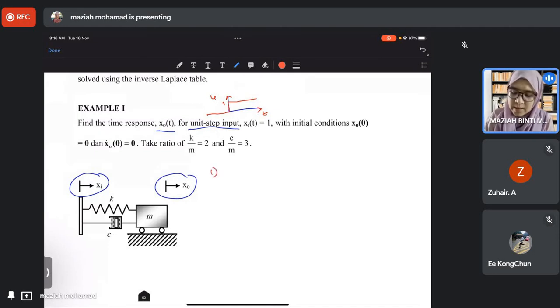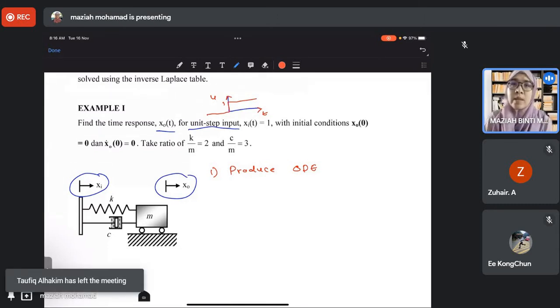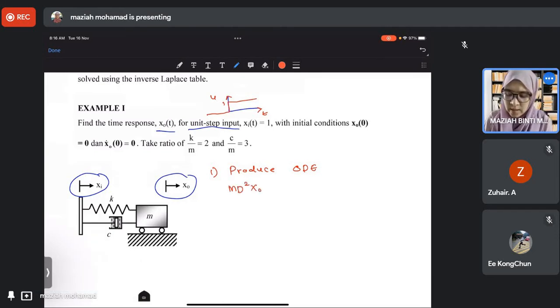Okay, the first step is produce ODE. All right, you will do the free body diagram, determine the direction of the force. Okay, but basically what you get is you're going to get this ODE, m d square x naught plus c d x naught plus k x naught equal to c d xi plus k xi.